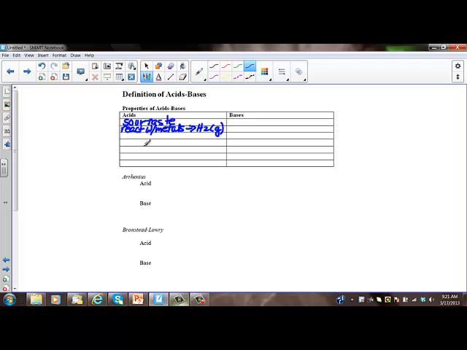They also react with carbonates, so I'm going to put CO3 2-, and hydrogen carbonates, which would be your H2CO3, to produce CO2 gas. And that's really important. We've learned that in other units. They also react with a base in titration, or neutralization, to produce a salt and water.